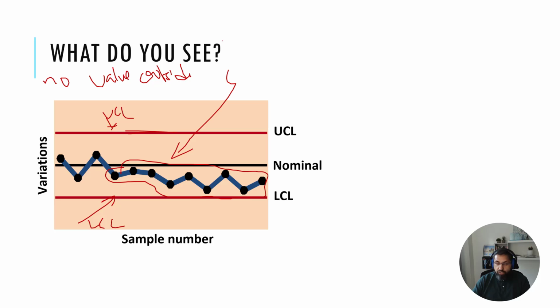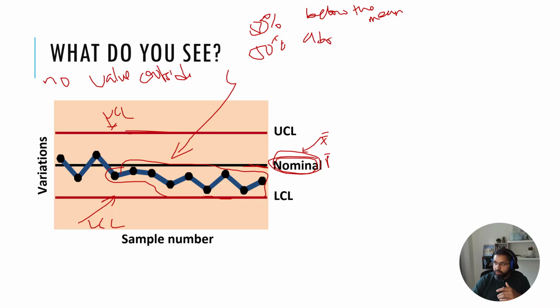Why? Because on average, there's a 50% chance you're going to be below the mean, below this X bar or P bar, the long run average value of the process. And there's a 50% chance you're going to be above the mean value, because that's from the definition of the mean. For symmetric distributions, you're going to be half the time above the mean, half the time below the mean.